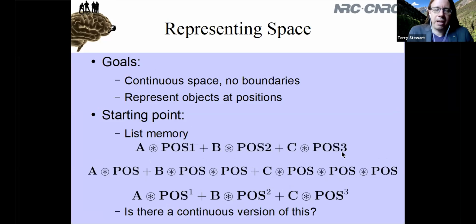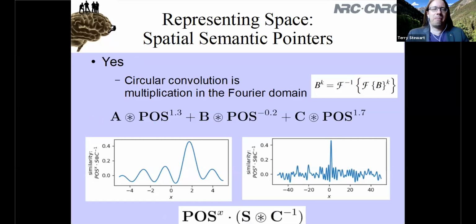I posted a question to my students in our online forum and said, is there a continuous version of this? And of course, one of my students immediately posted back, yes, of course there's a continuous version. That's obvious. Why are you even asking this question? Because circular convolution is multiplication in the Fourier space.